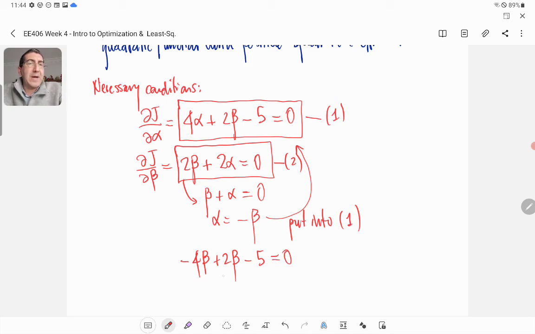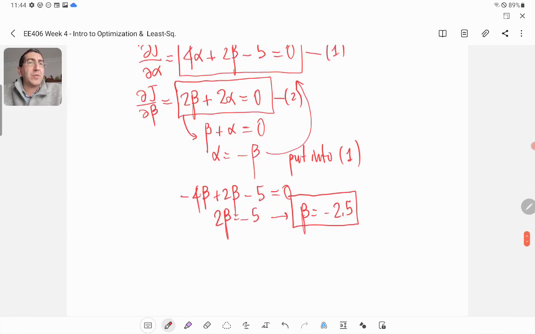Right, so I have minus 2 beta, put it over there, 2 beta is equal to minus 5, and therefore beta is equal to minus 2.5. Alpha was given in terms of beta, so alpha is equal to simply 2.5.